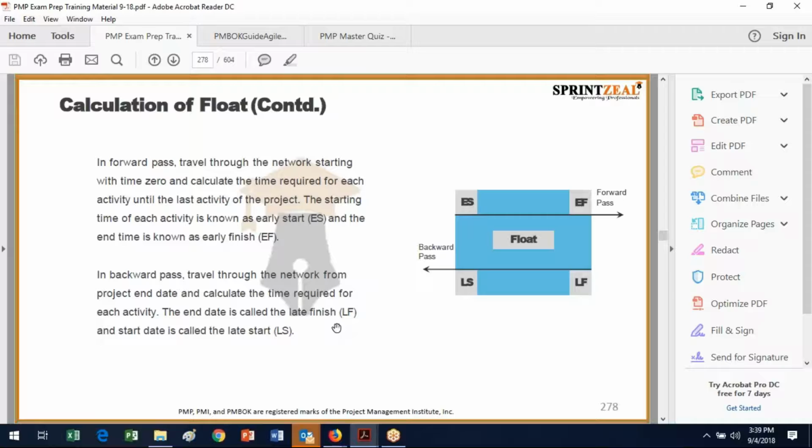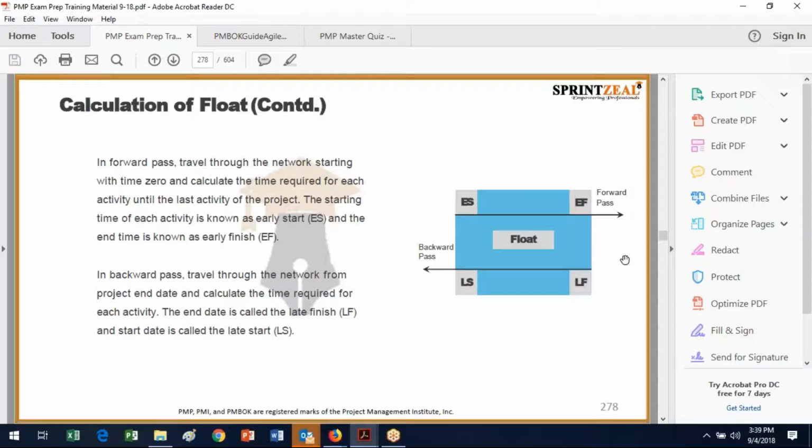Okay, so we're going to calculate the float, and basically the total float, and it's probably better to see the next chart first. In the forward pass through a network diagram, we're going to calculate the early start, and then usually right here is where I'd put the duration. So the early start plus the duration equals the early finish.